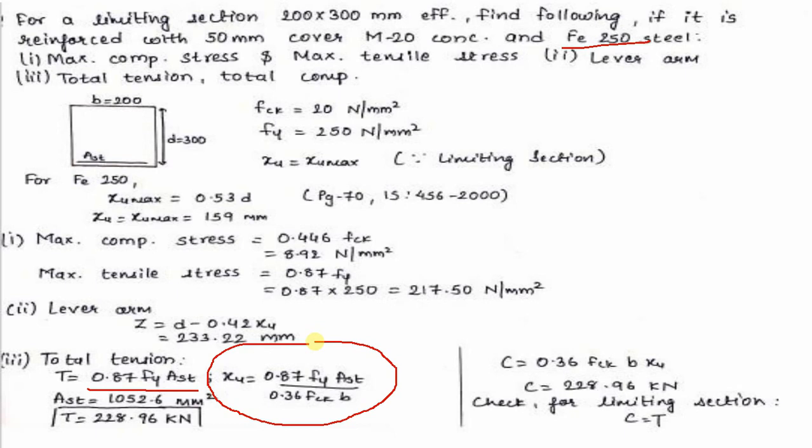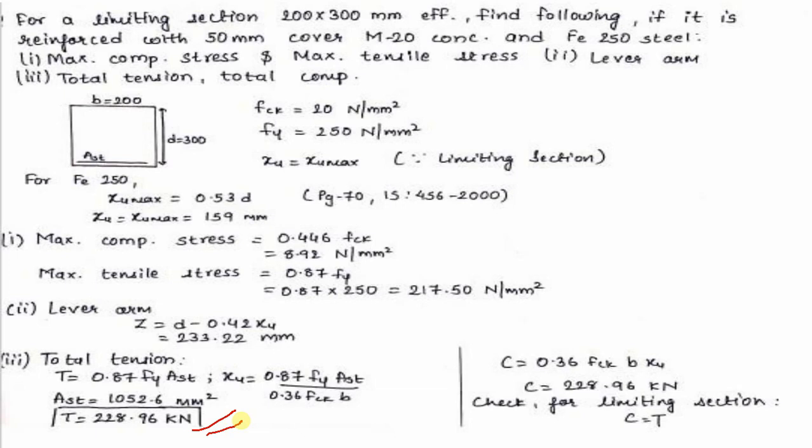Again repeating, page 96 of your IS code. So from this we'll be getting the value of AST as 1052.6 mm square. So now substituting this in the equation of T, the final tension force will be 228.96 kilonewton.